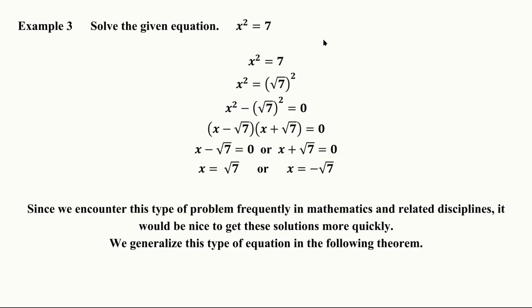All right, let's take a look at an equation first to give us a motivation for where the square root property comes from. Let's say I want to solve this equation, x squared equals 7, right? Well, I know that I can think of 7 as the square root of 7 squared, right? So then I have x squared minus quantity square root of 7 squared equals 0.